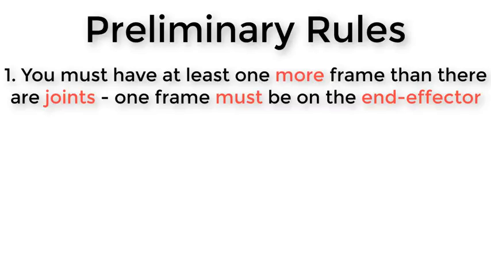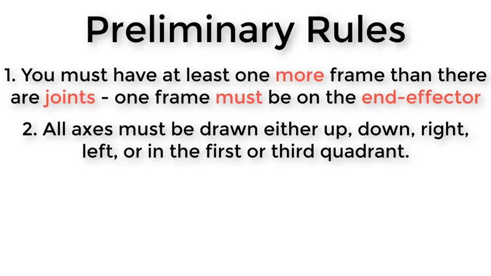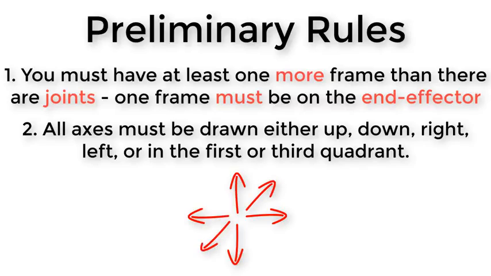The second preliminary rule has to do with how we draw axes so that another person can understand what we're drawing. This rule is that there are exactly 6 ways we can draw an axis: up, down, right, left, diagonally in the first quadrant like this, and diagonally in the third quadrant like this.